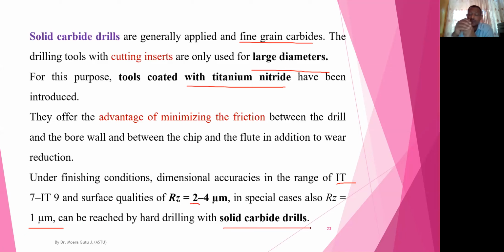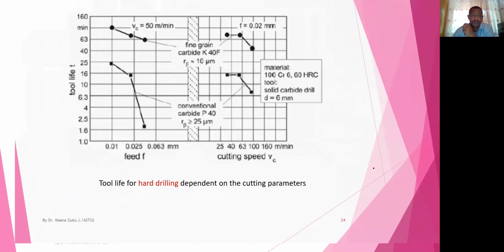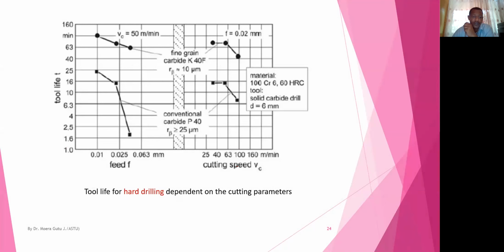You see, so a very fine surface finish up to 1 micrometer can be achieved by solid carbide drills. You cannot use the inserts here. Cutting tool inserts can be used only for machining large diameter workpieces. This is in case of drilling.